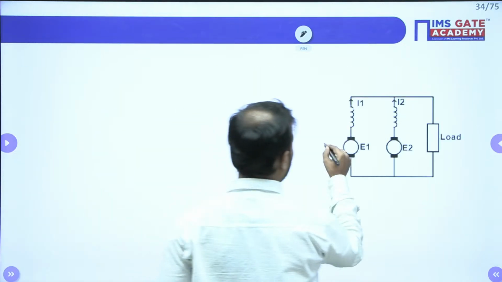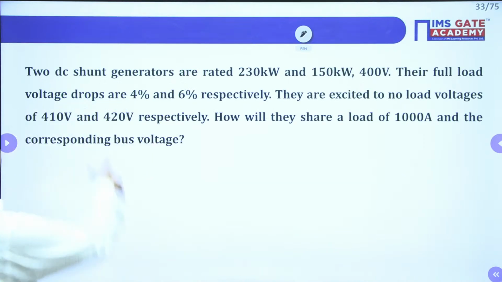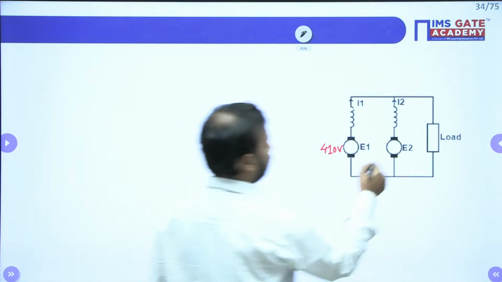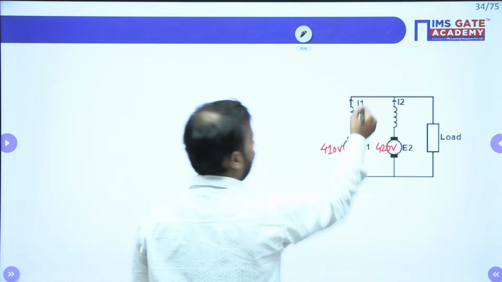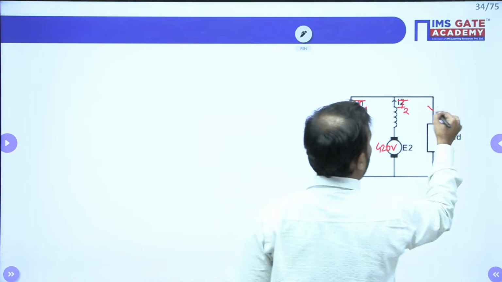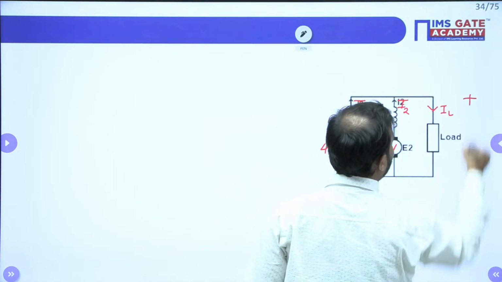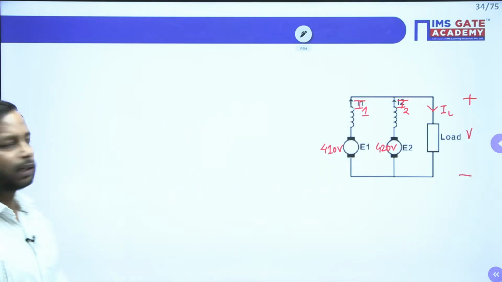Let me take this E1 as 410 volt, and 420 volt for the second. This is I1 and this is I2. This is load current IL. Let me take the bus voltage as V.